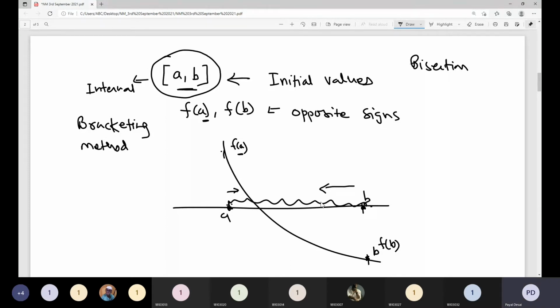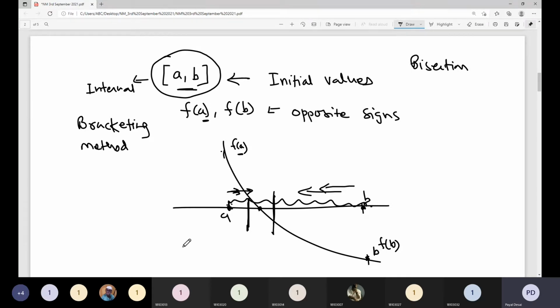Okay, so we need to check that A and B come closer together until we obtain an interval of very small width, that is, this A should come somewhere here. We try to squeeze B, and my bracketed interval will be very close to the root that brackets zero. And how do we achieve this? So the first step of this analysis in the bisection method is the interval halving process.